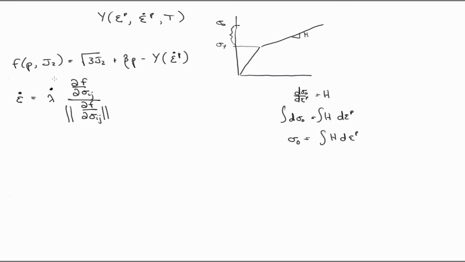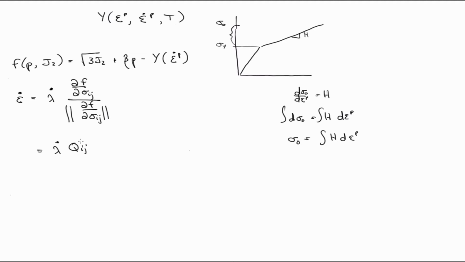So here's our associated flow rule, and we also wrote this as Qij. This is the direction of a normal vector to the yield surface.